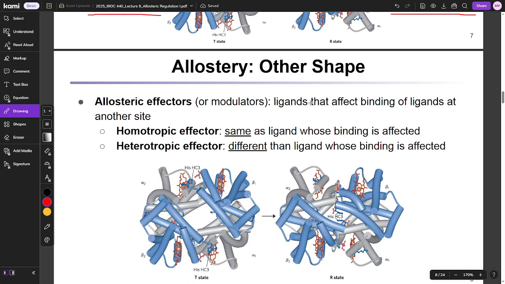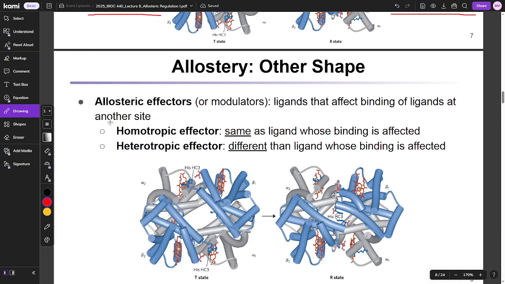We have different types of allosteric effectors: homotropic and heterotropic. Homotropic is the same ligand, and heterotropic is a different ligand. So, for example, if the binding of A affects B, that's a heterotropic effector. If the binding of A affects A, then it's a homotropic effector.